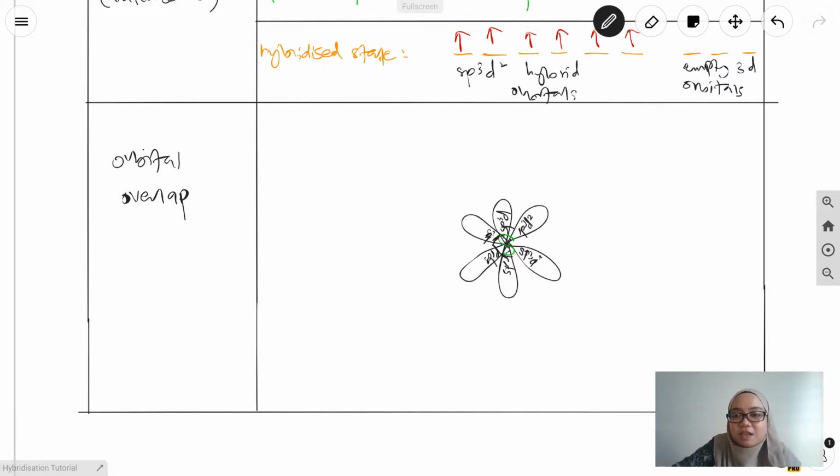Okay, so next we want to draw the fluorine. Fluorine 2p, right. So the 2p orbital for fluorine. Okay, label fluorine 2p, don't forget. Fluorine 2p.